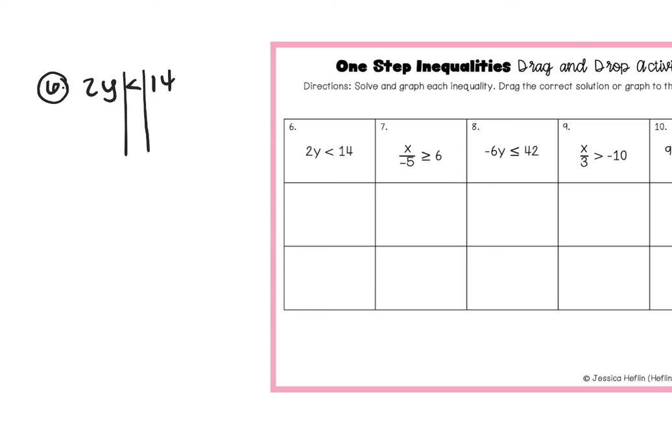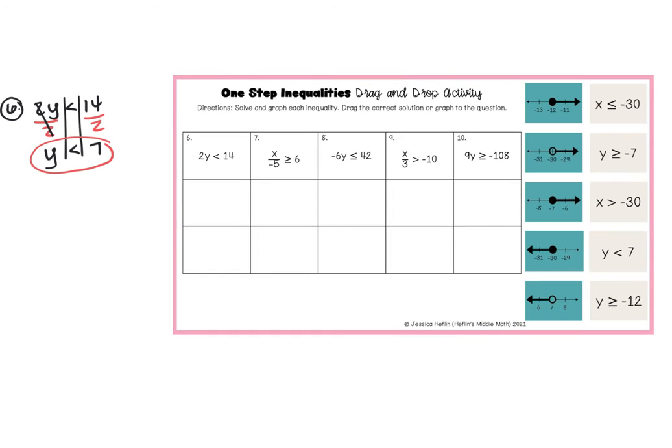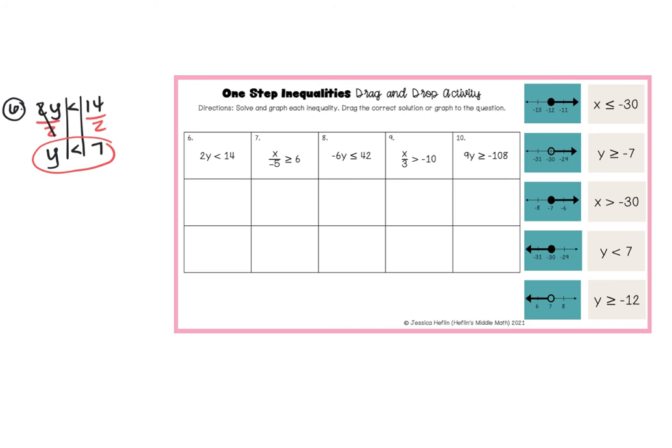So this is just like a basic one-step equation. The only difference is the inequality. You would have to divide by 2. You get y is less than 7. So y is less than 7. We'll find it. We see it right there. So I know I did something right because I see my answer.